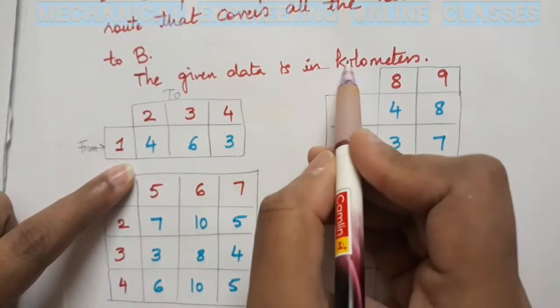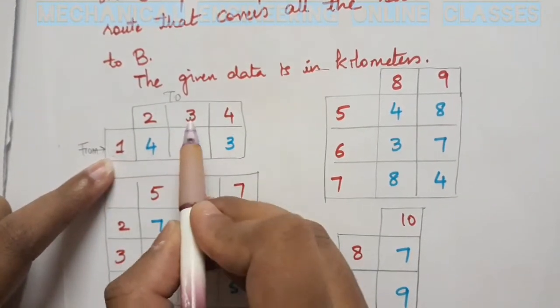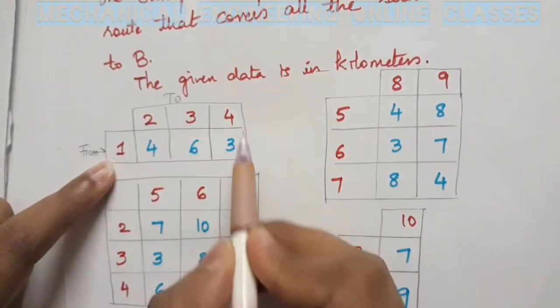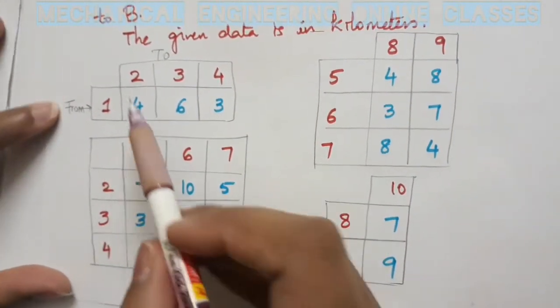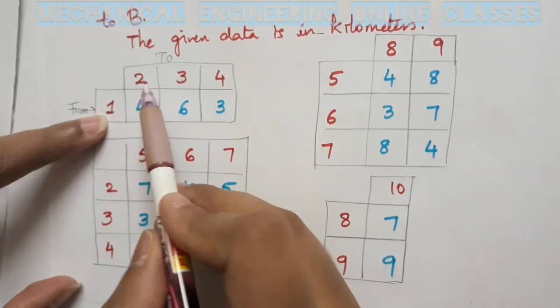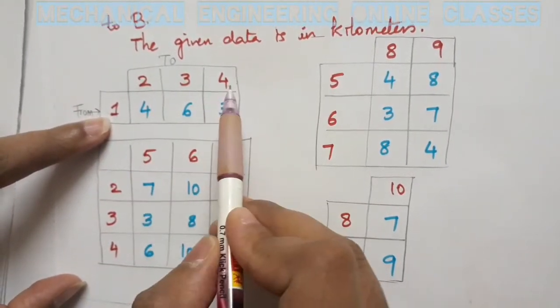The given data is in kilometers, so from 1 to 2 it is 4 kilometers, from 1 to 3 it is 6, from 1 to 4 it is 3. Otherwise we can simply see that from 1, cities 2, 3 and 4 can be reached.